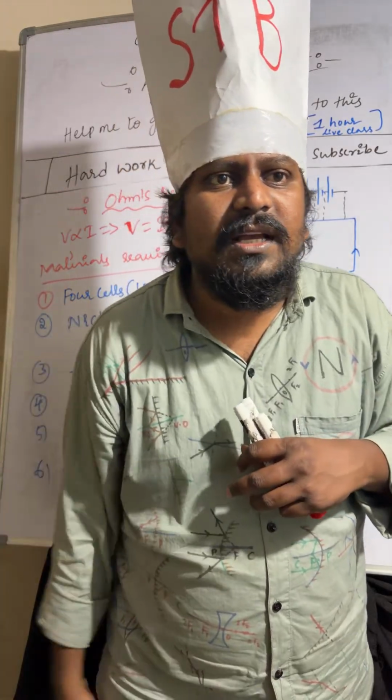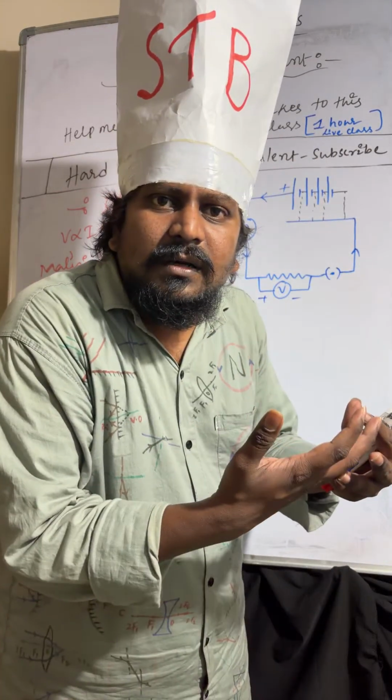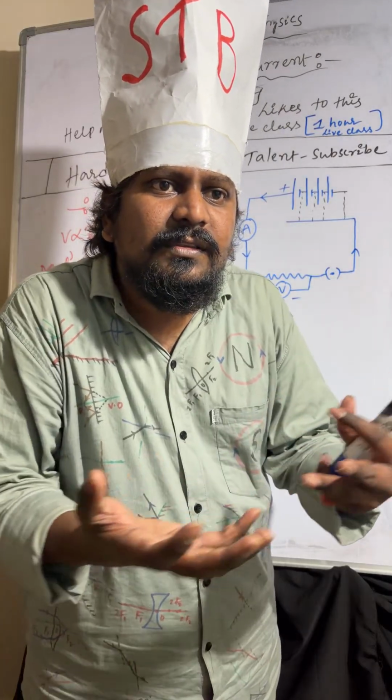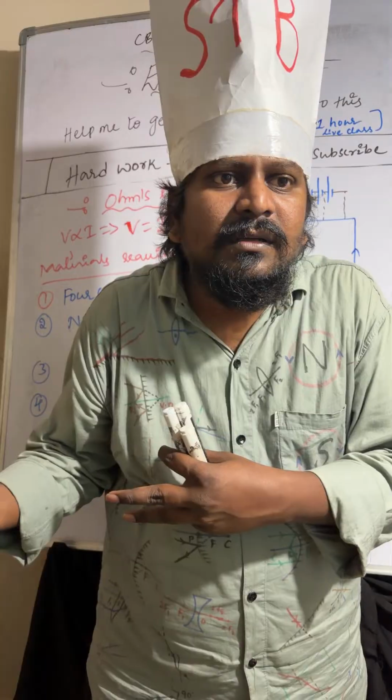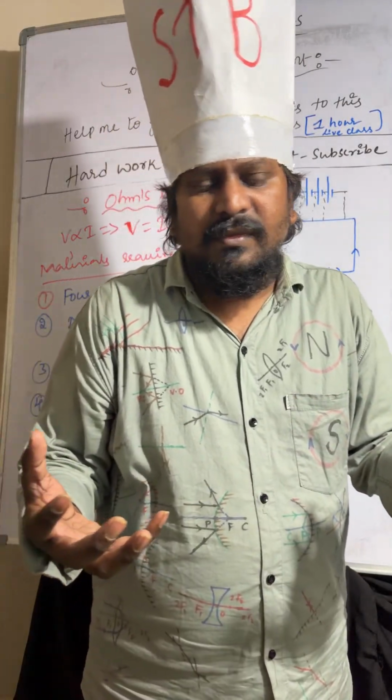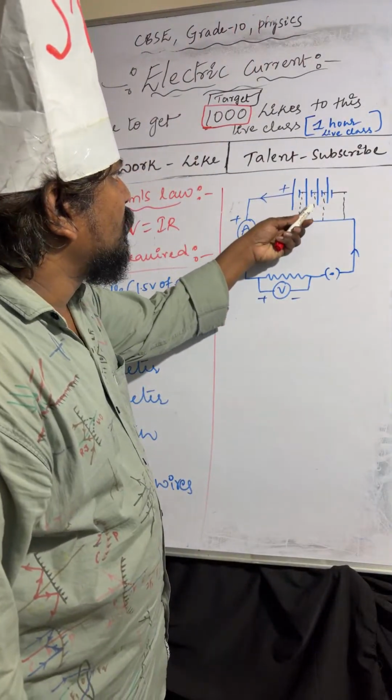Then you connect 2 cells, after that you connect and repeat with 3 and 4. So here you can see 1, 2, 3, 4.